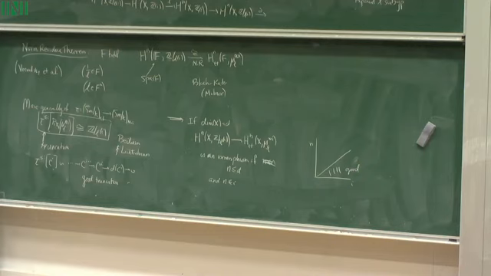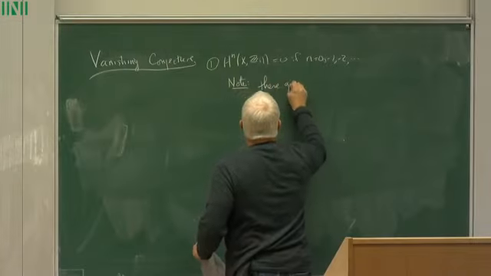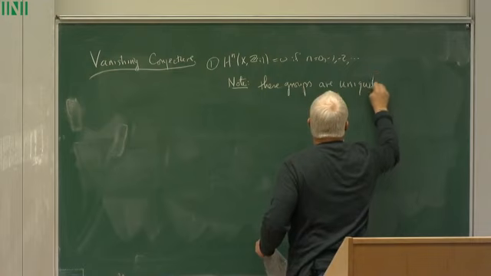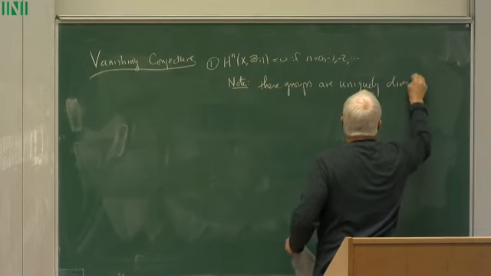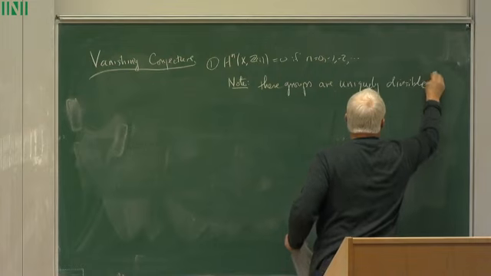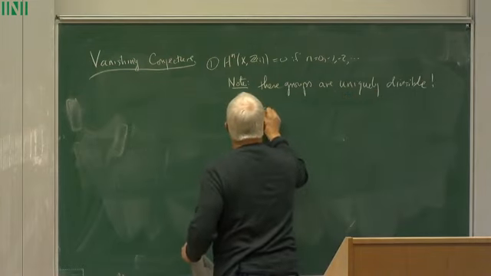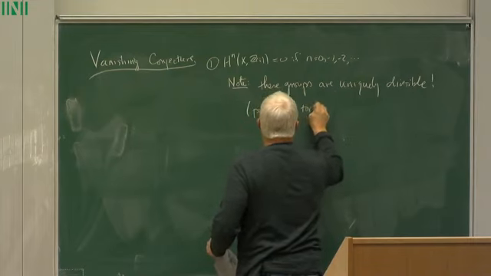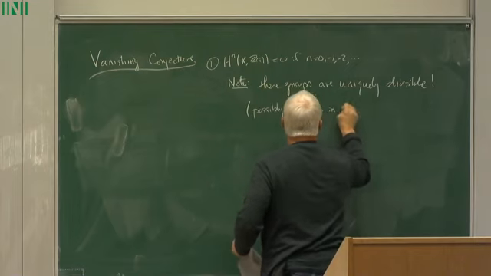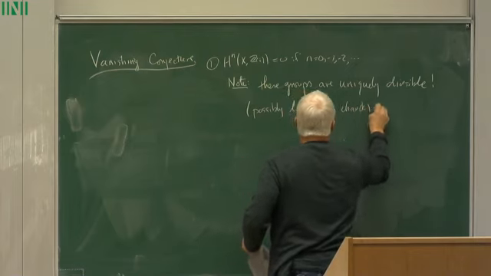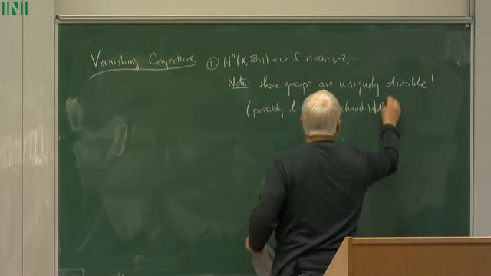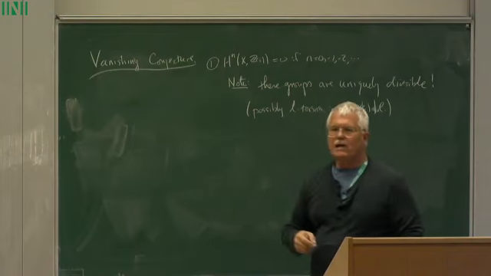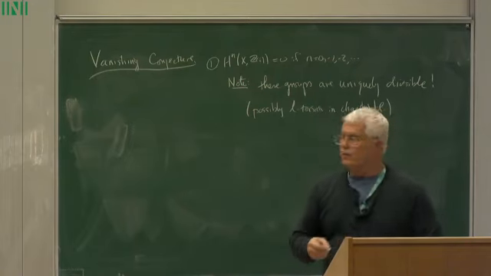And so what you end up with is these groups are uniquely divisible, and possibly L torsion in characteristic of K equals L, well, divides L. So whatever these groups are, they're uniquely divisible, and a uniquely divisible abelian group is a rational vector space.